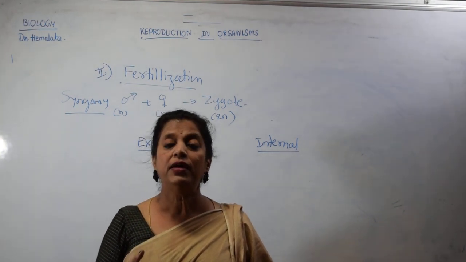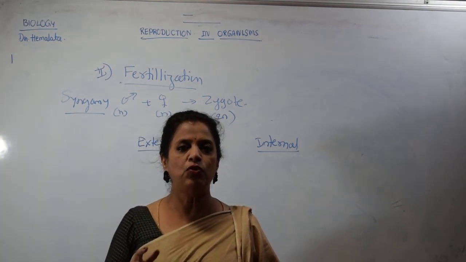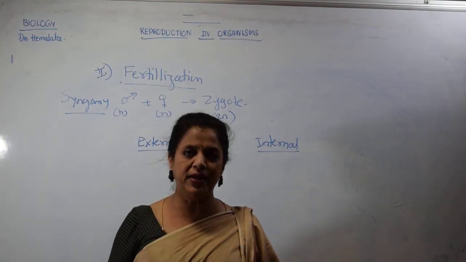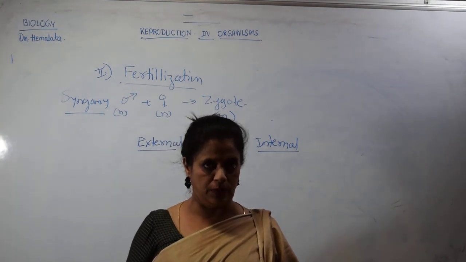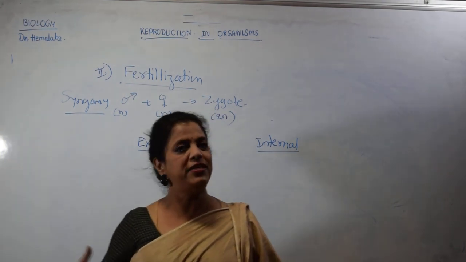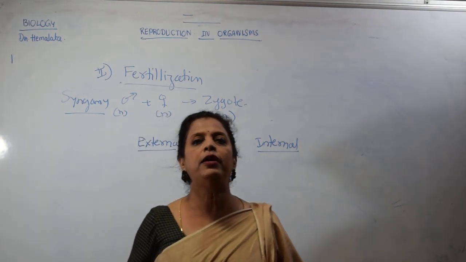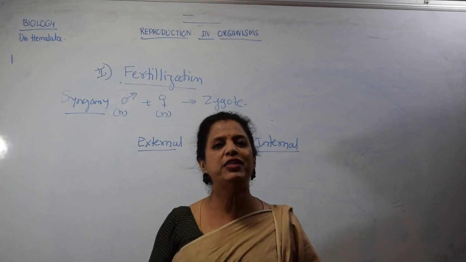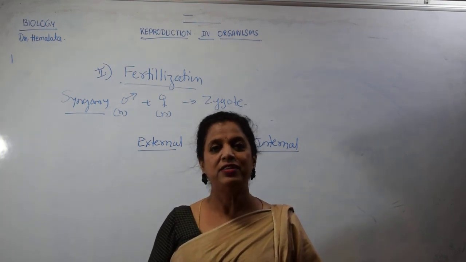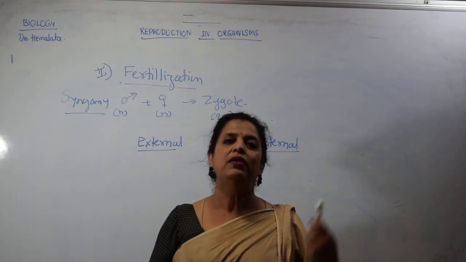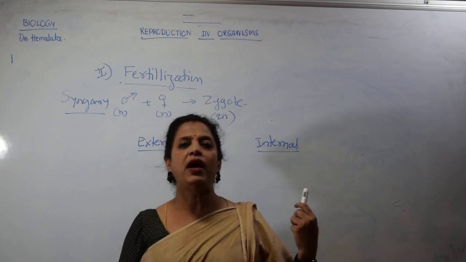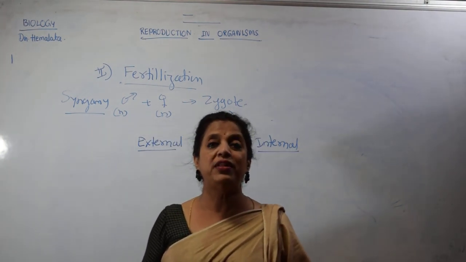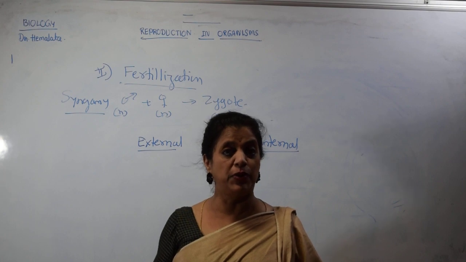That is the reason why internally fertilized organisms like humans produce hardly one egg per ovulation. Right? External fertilization has no surety, no guarantee, so they will produce a large number of eggs. Here only one egg is produced per ovulation. Survival rate is more. Then they need not waste their energy in producing a large number of sperms.